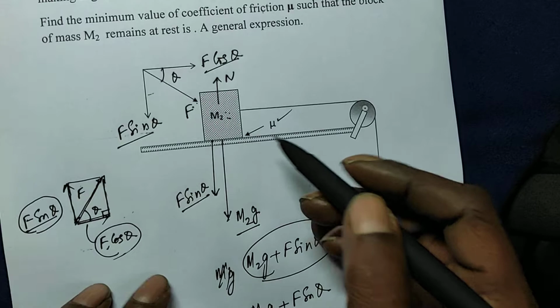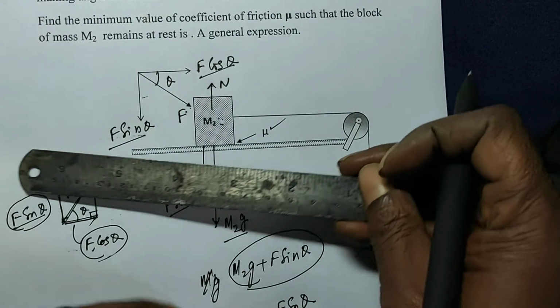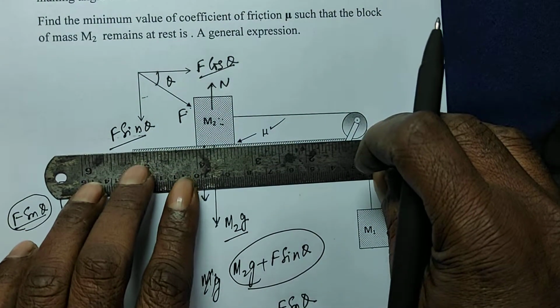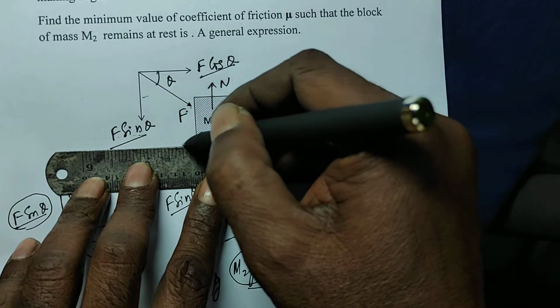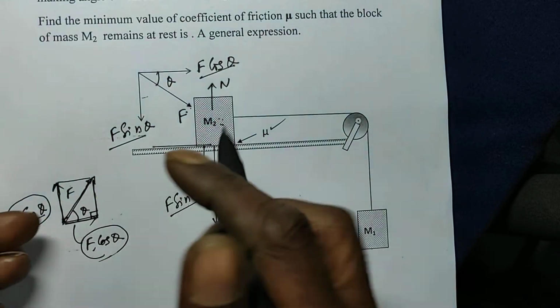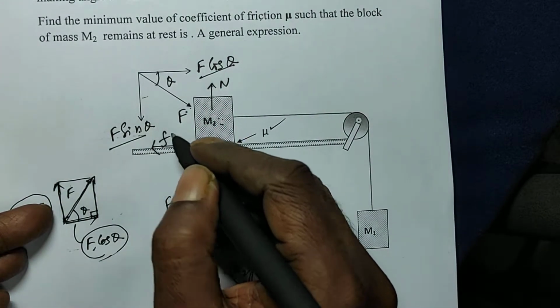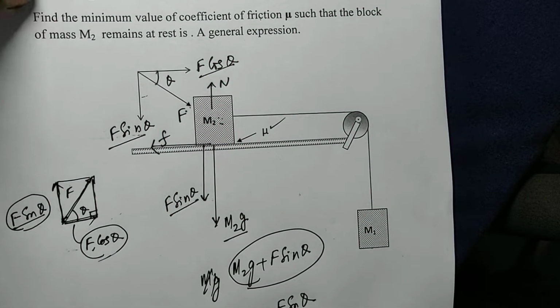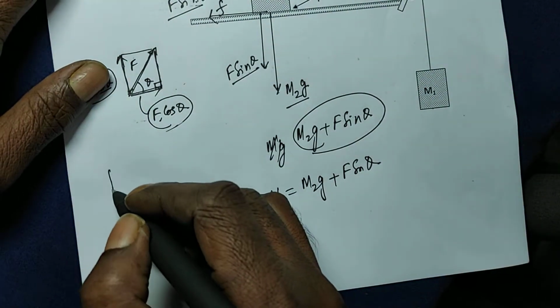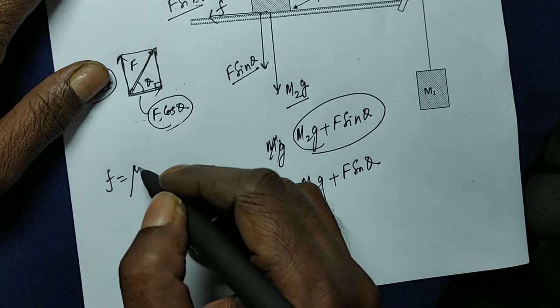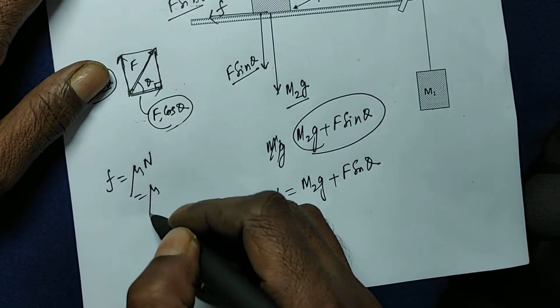And since there is friction, the force of friction trying to oppose the motion of the mass m2 towards the right will be to this side. Let me represent it as small f. So your force of friction will be mu times normal reaction.